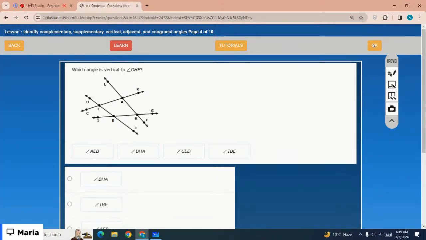Which angle is vertical to angle GHF? GHF, right?